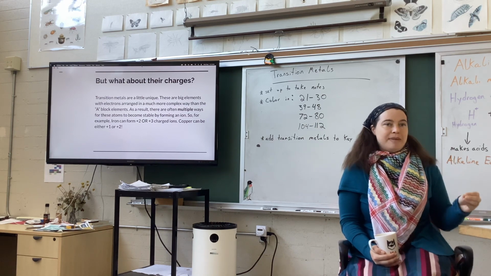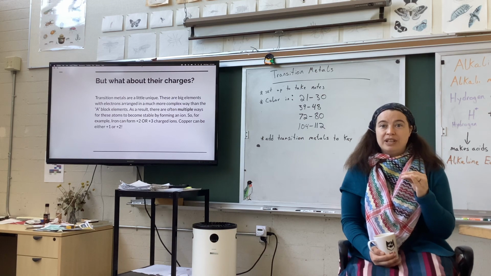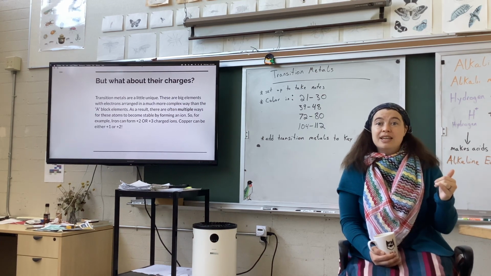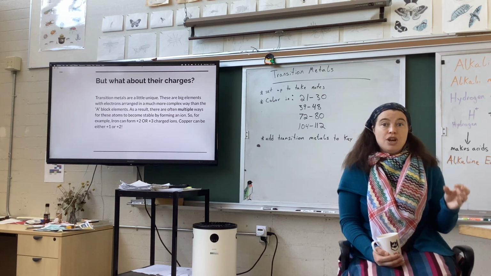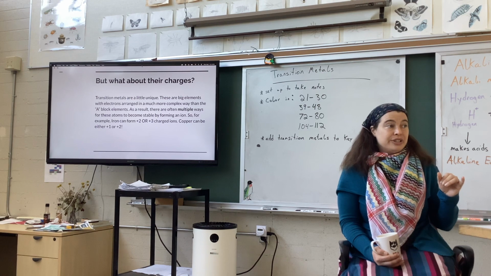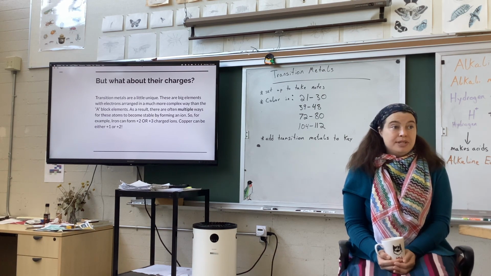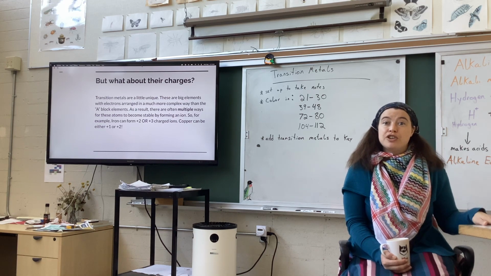With these transition metals, because the places where we put their electrons are so much more complicated, there's more than one way that they could end up losing electrons in order to become stable. So for example, iron has two different paths to stability. One path involves losing 2 electrons and forming ions with a charge of +2.